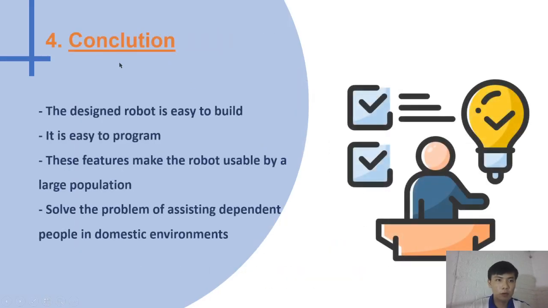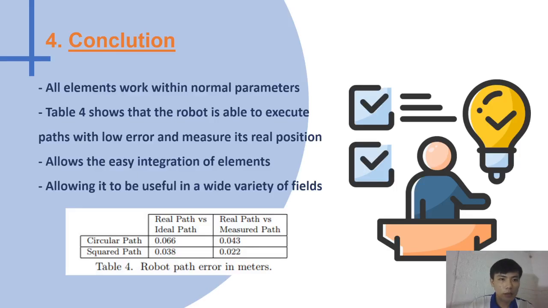Now we go to the conclusion. The designed robot is easy to build and easy to program. These features make the robot usable by a large population, thus solving the problem of assisting dependent people in domestic environments. All elements work within normal parameters.